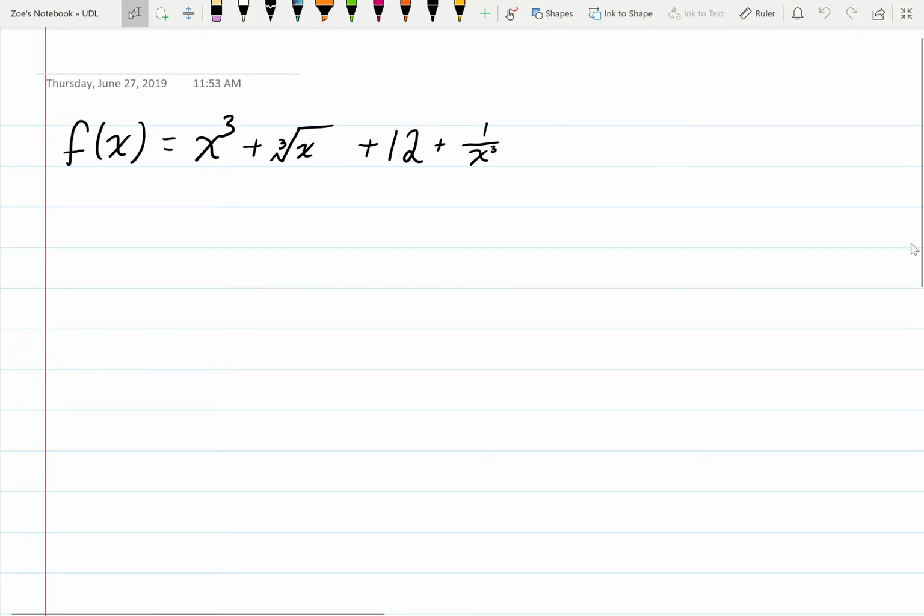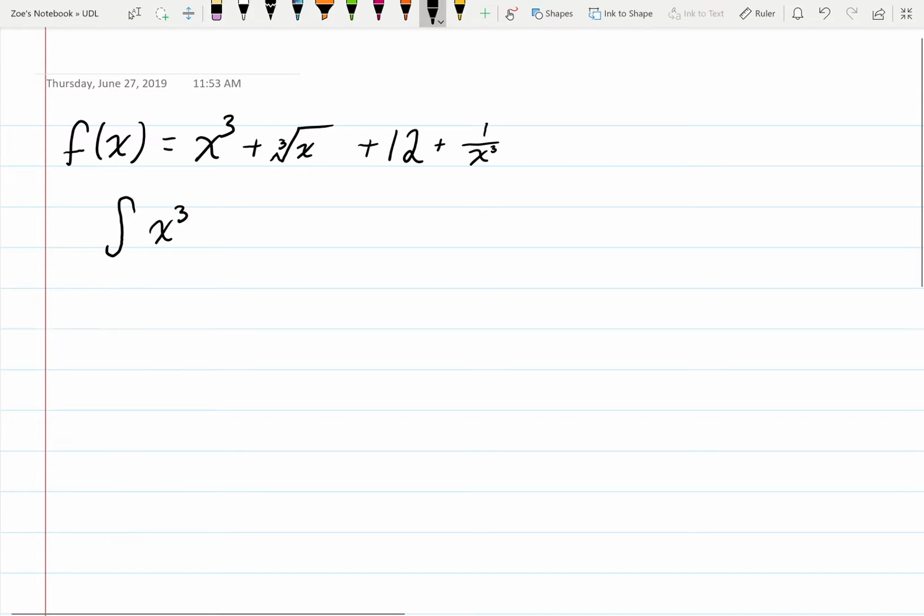Okay, so we are going to be working through how to solve an indefinite integral together. So I have this function here. The function of x equals x cubed plus the cubed root of x plus 12 plus 1 over x cubed. To write it in our integral, we would put our function inside.